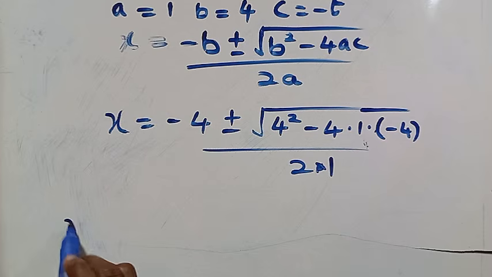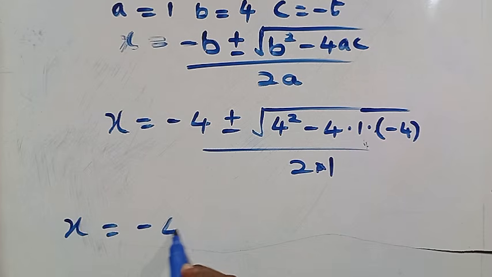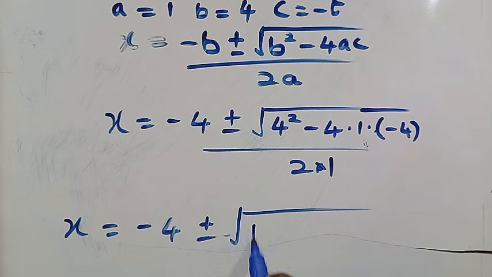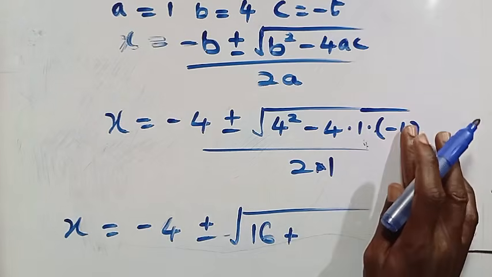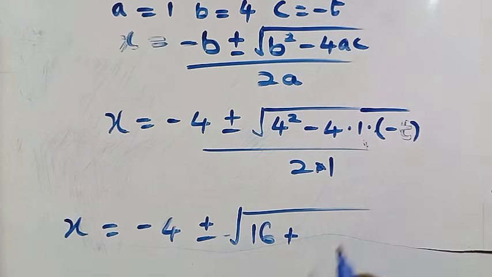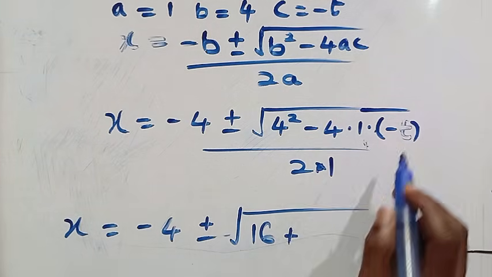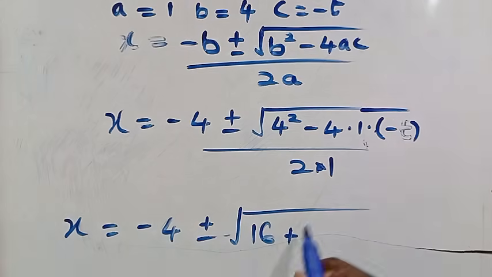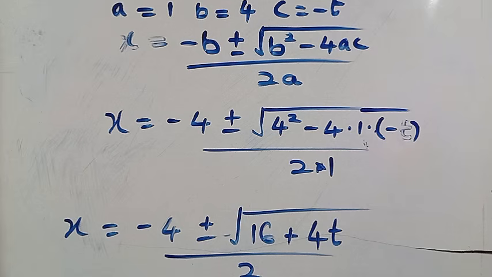Again we have x equals minus 4 plus or minus the square root of 4 squared, which is 16, and minus times minus t gives plus, and 4 times t gives us 4t, then all divided by 2.